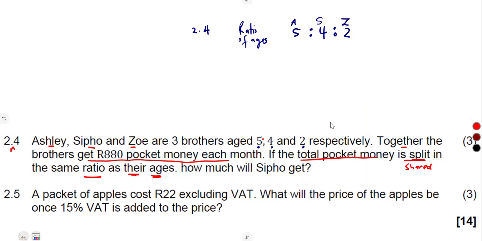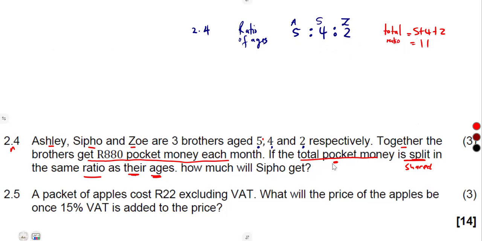Since they are going to share a total of the pocket money, you must also have the total of their ratios. So the total of their ratios is what? You must add 5 plus 4 plus 2. That was going to give us 9 plus 2, which is 11. This is the total in terms of the ratio.